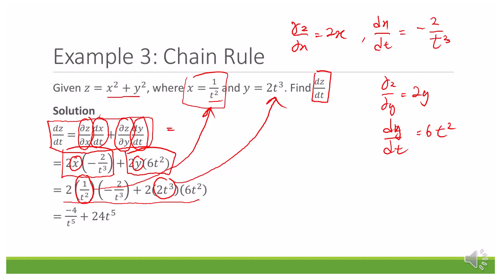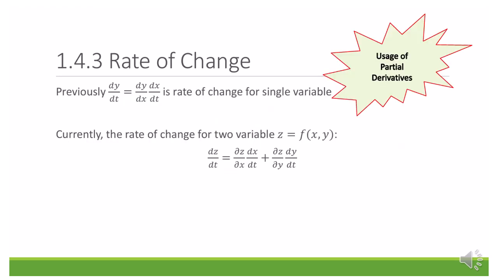So you substitute the values inside this equation, and this will be your final answer. So this can be used for calculating the rate of change. The rate of change of the multivariable function can be written just like the chain rule as explained before.